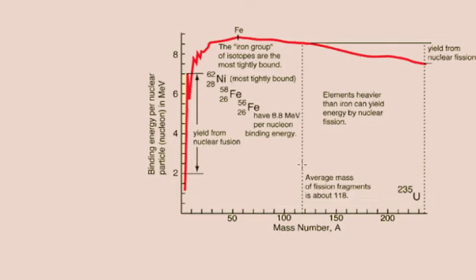This also shows us that if you were to have a big nucleus here, like uranium breaking apart and making smaller nuclei, there's going to be a difference in the energy released from this heavy nucleus to lighter nuclei. That energy difference is the energy that would be released within that nuclear reaction.